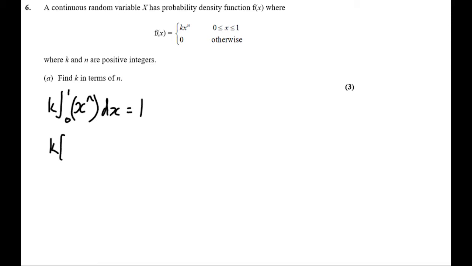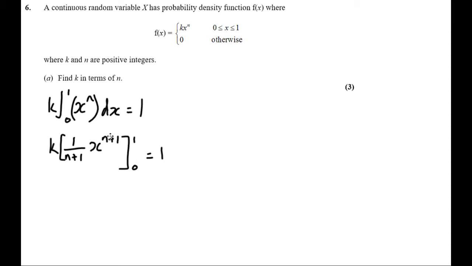So k, when I integrate, I'm going to increase the power by 1, which will become n plus 1, and divide. So I have x to the n plus 1 over n plus 1, and I'm going to set the fraction like this. Now, in between 1 and 0 should equal 1.